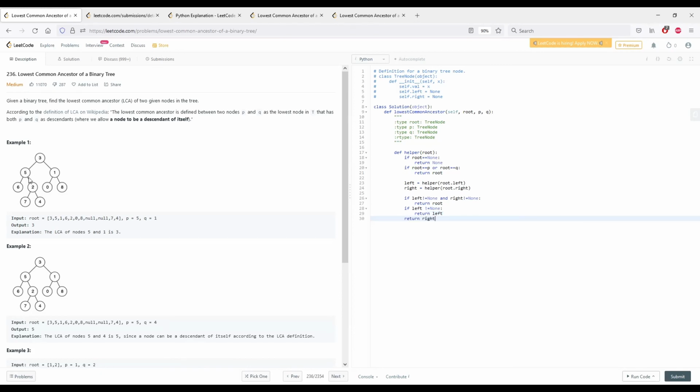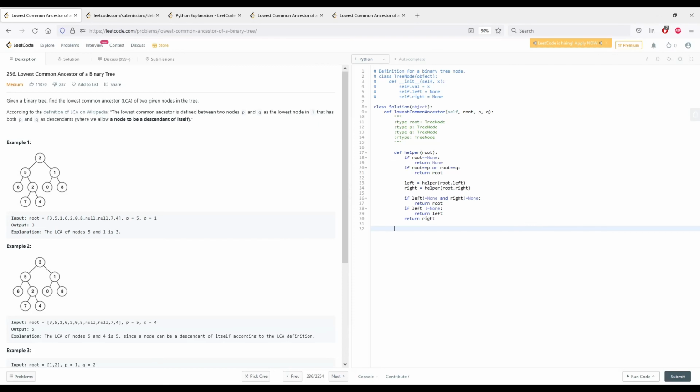If left is none, that means in the left subtree we don't find P or Q, so obviously it has to be on the right side. And that's basically how it goes.